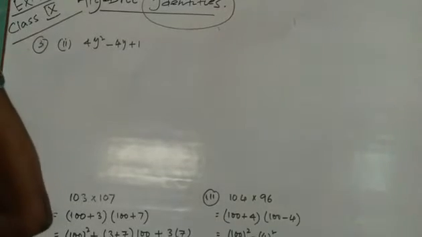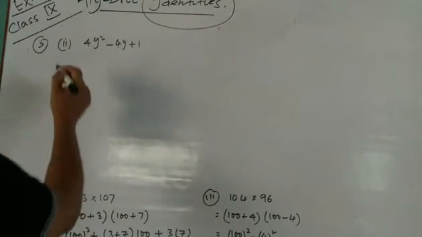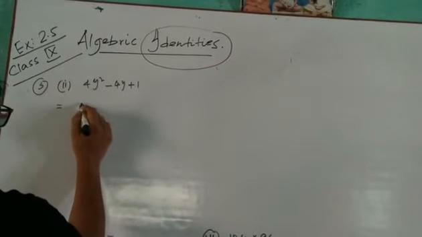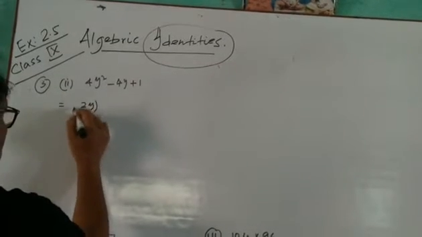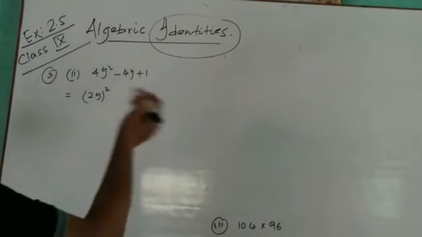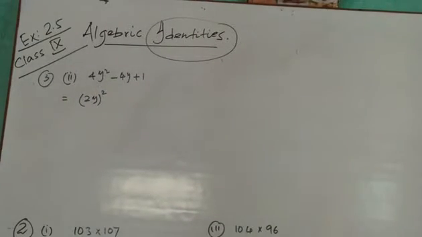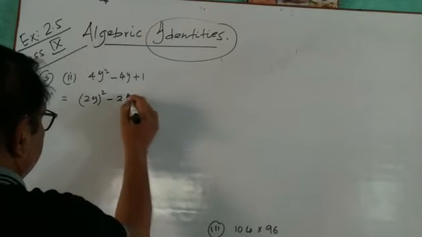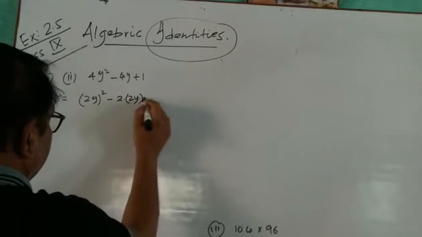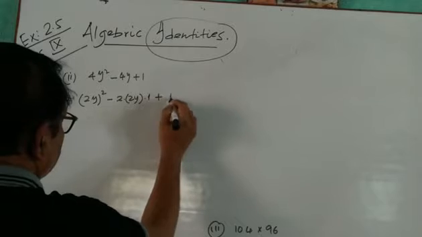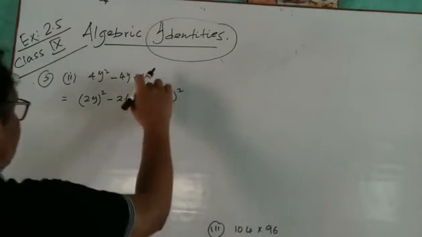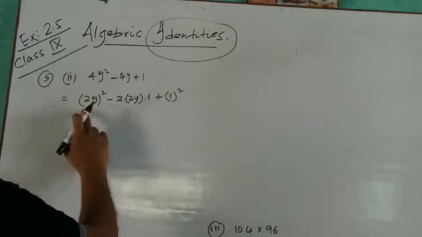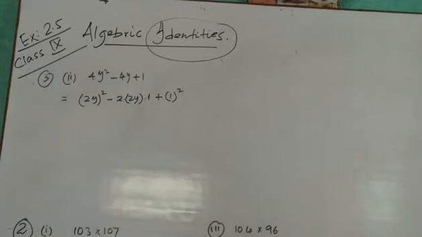We are required to factorize it by using the proper identity. Look very carefully. 4y square can be written as 2y's whole square, and minus 2 into 2y into 1 plus 1 square. 1 square will be 1. Minus 2 into 2y will give us minus 4y. 2y's whole square will give us 4y square.